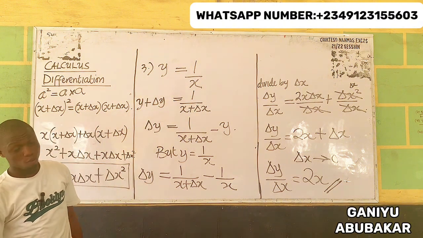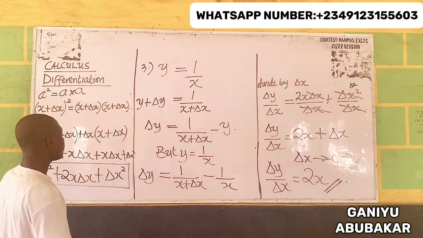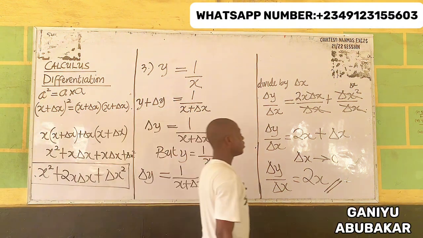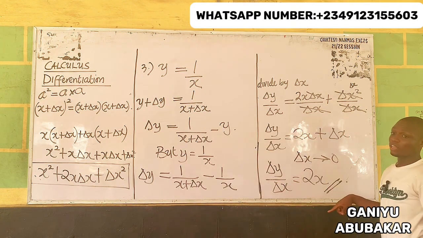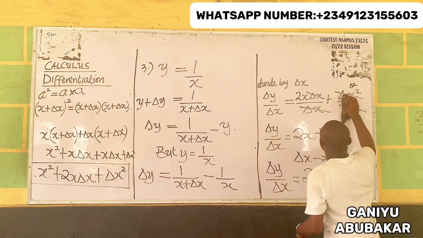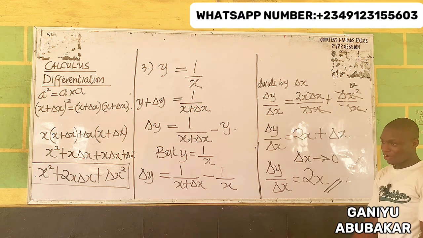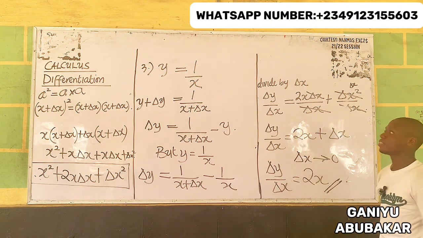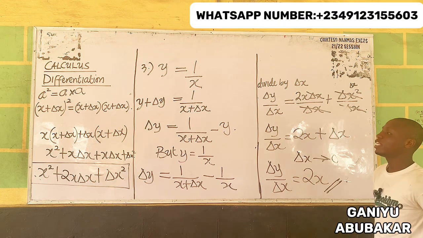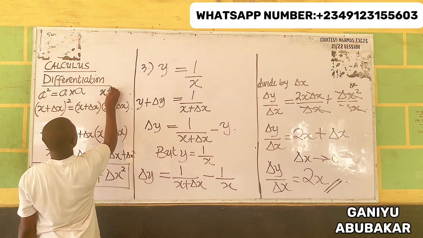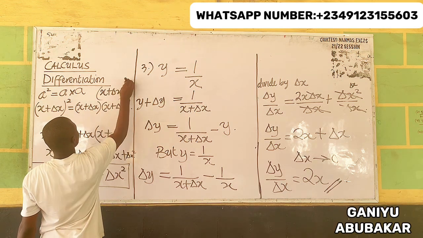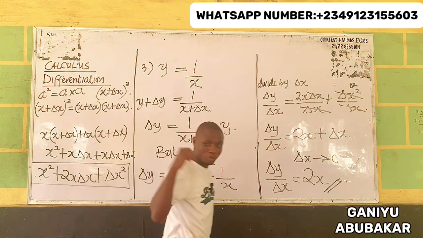Now, at this level, please listen. Let me just clean this part. In case the question gives you x plus change in x cube, how do you solve this one?